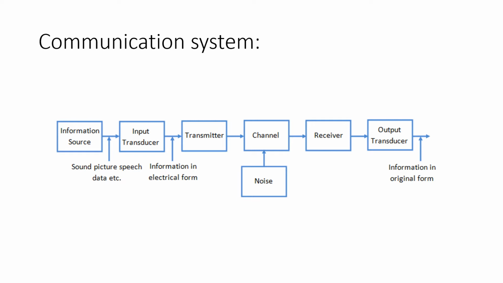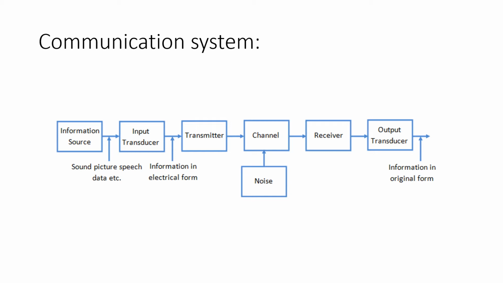In our case, the channel is the air. At the receiver side, the signal is received at the antenna and it has to follow different blocks such as RF section, mixer, AF section, and demodulator. After the demodulation, we get our information signal back.